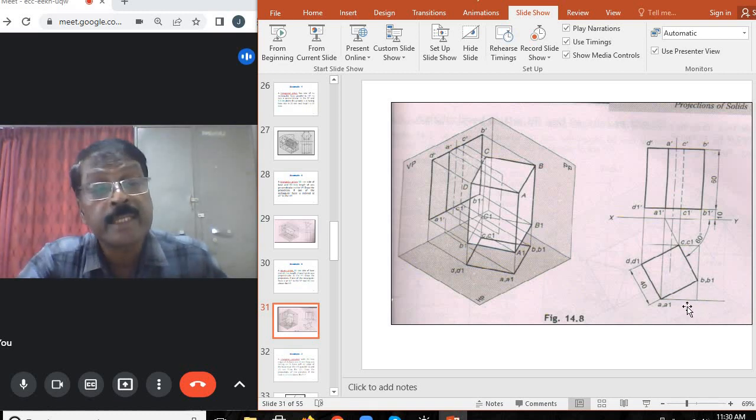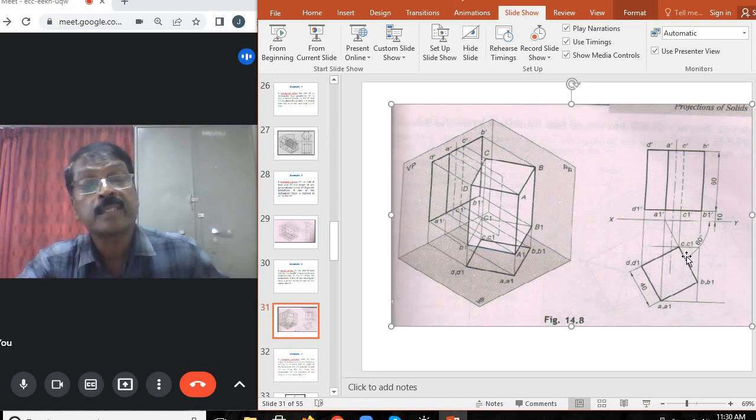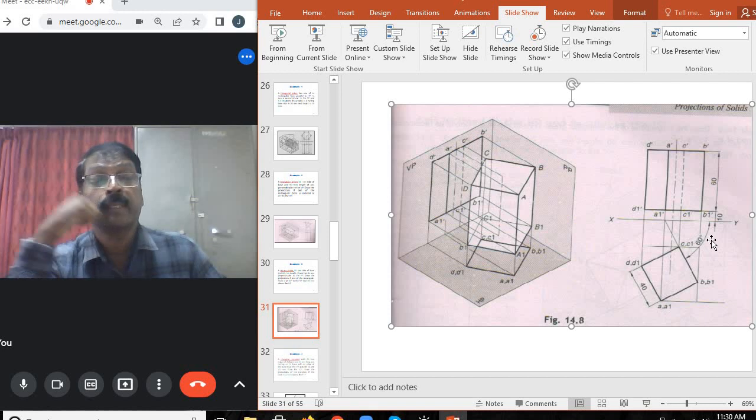You can assign names a, b, c, d for the top base, and A1, B1, C1, D1 for the bottom base, and also mark the 60 degree angle with the XY. The rectangular face makes 60 degrees with the VP, the vertical plane.